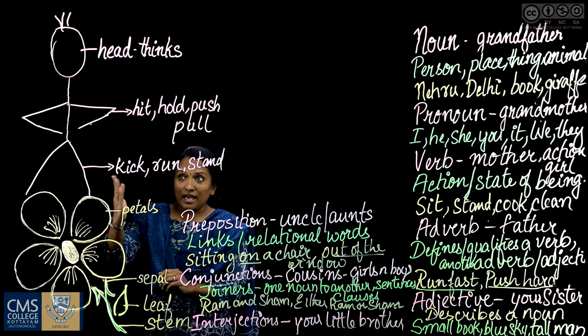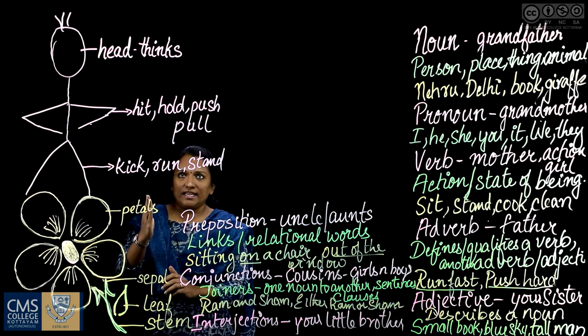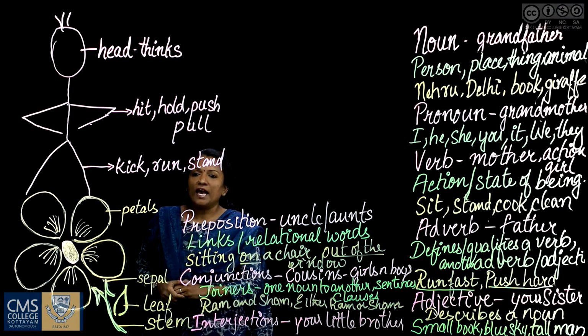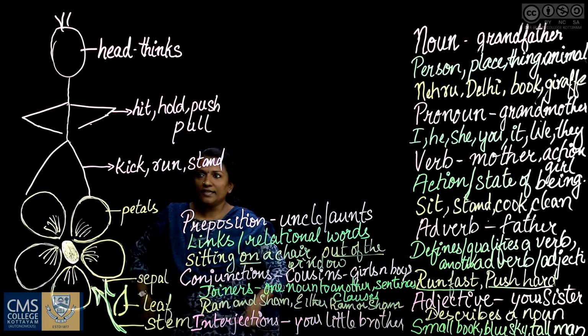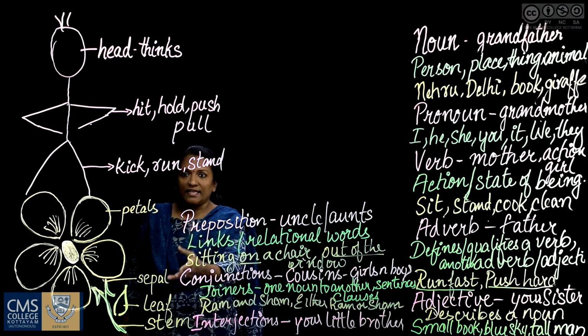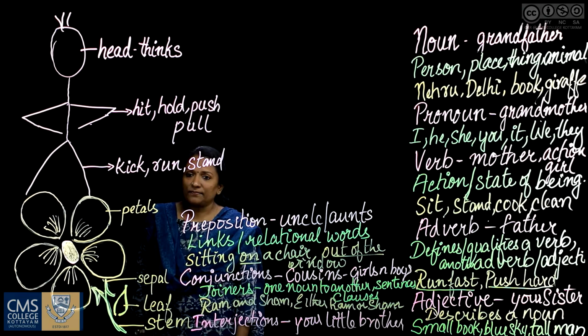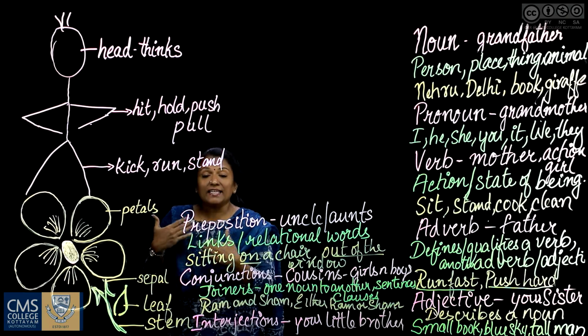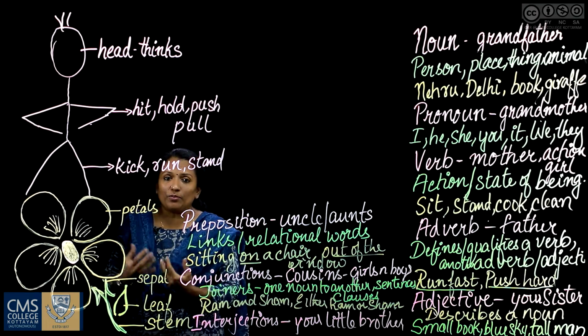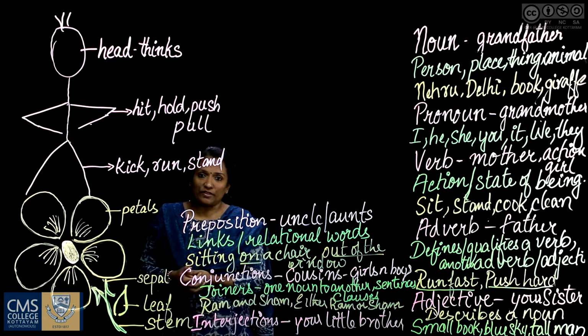The hands, the arms, which can hit, hold, push and pull. The legs, which can kick, run and stand. Now your whole body has certain parts to it, and each part has a job of its own, a function of its own. The same can be said about a flower.